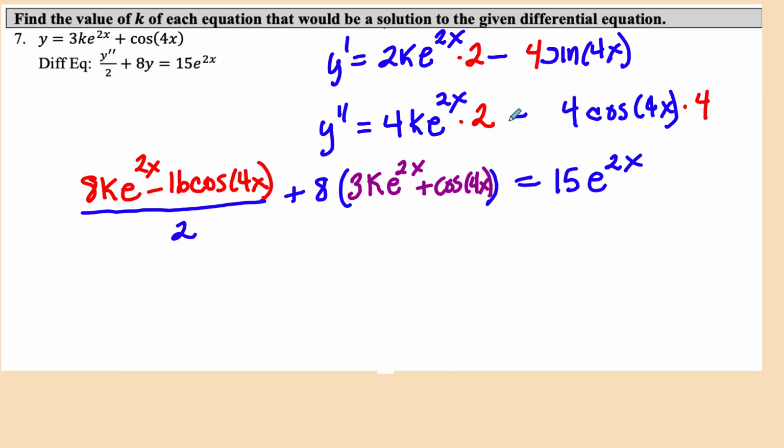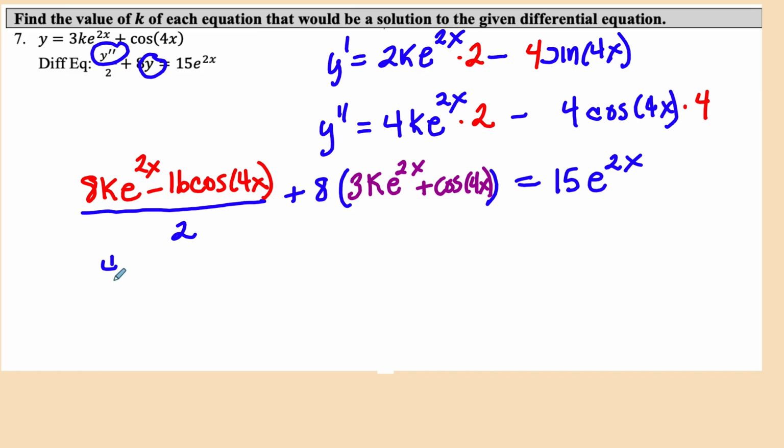So I now have a second derivative, and I'm going to put that second derivative right in here. So that's what I've done. I put the whole second derivative that I have found over 2 plus 8, and instead of y, I'm going to write what y equals. Y is equal to right here, all of this equals 15 e to the 2x. Okay, now at this point, I'm going to go ahead and simplify.